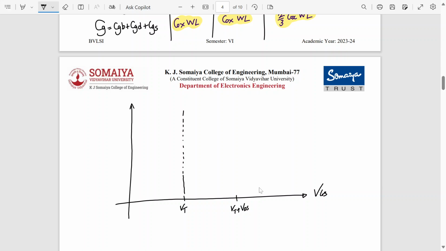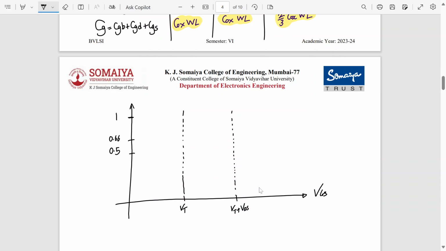So below VT we have the cutoff region, and above VT plus VDS we have saturation. Let us normalize this point as 1, this as 0.5, this as 2/3, which is 0.666.